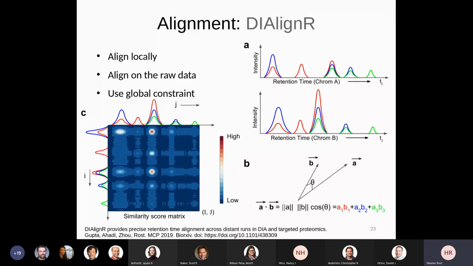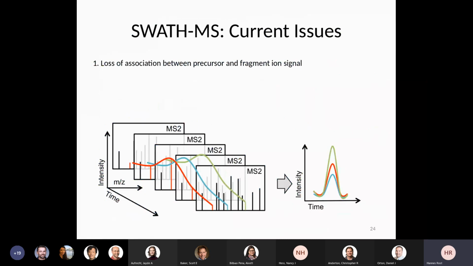So with this approach, we believe we are in a situation where we have addressed a lot of the issues around reproducibility, mainly in the areas of sampling and in the areas of retention time inconsistencies, right? And so this is now the point where we started to look into the future and think about the other two aspects that I mentioned in the very beginning, namely what are the current issues that are still apparent in SWATH-MS and data independent acquisition.